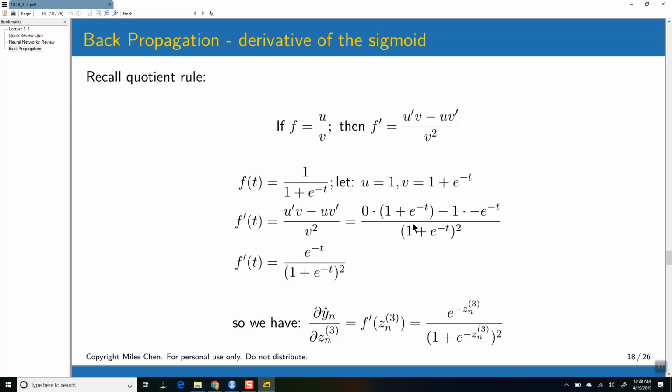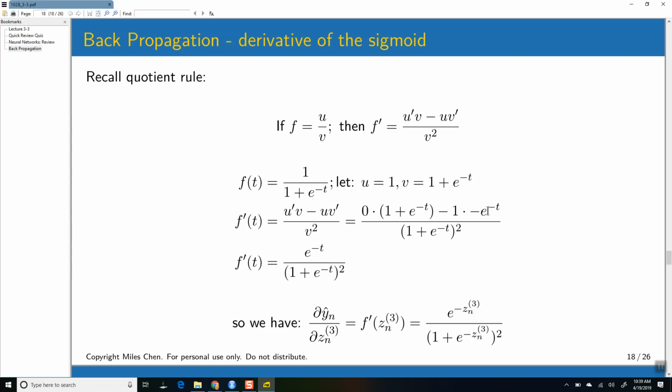So here, just remembering the quotient rule from your Math 31A, if f is u over v, then you've got u prime v minus u v prime over v squared. And so we'll let u be 1 and v be 1 plus e to the negative t, and then you've got u prime, which is 0, minus u times v prime.